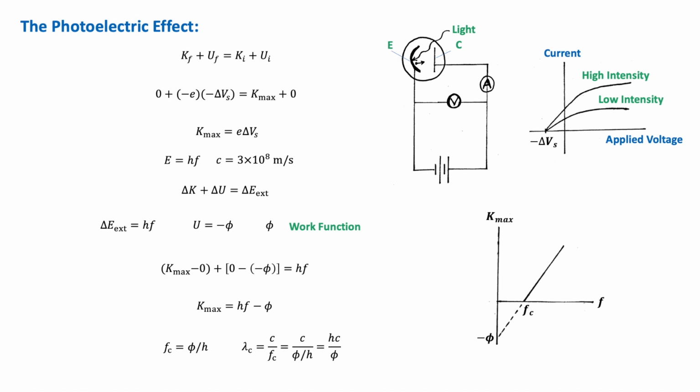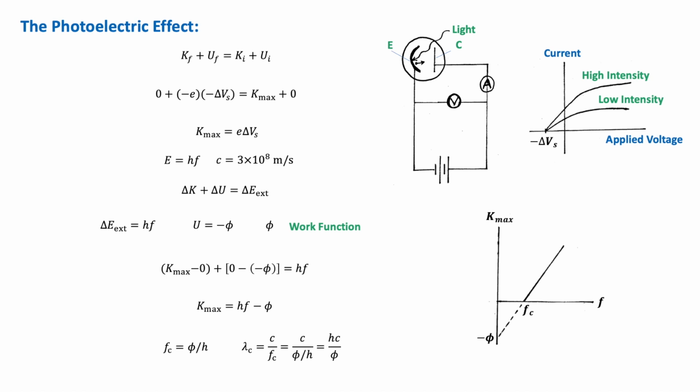Also, the experiment shows that electrons are emitted from the surface of the metal almost instantaneously, in less than 10 to the minus 9 seconds after the surface is illuminated. And this happens even at very low light intensities. But the classical model shows that at low light intensities, a measurable time interval should pass between the instant the surface is illuminated and the time an electron is ejected from the metal.